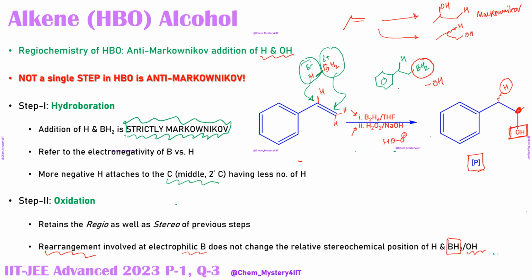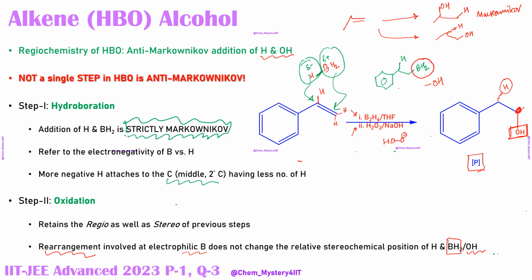Okay, so this is the hydroboration oxidation. The oxidation step requires one rearrangement, but the rearrangement does not change the stereochemistry, implying that if H and BH2 in the beginning were present in syn fashion, they remain in syn fashion. The stereochemistry of this hydroboration oxidation is syn only. So H and OH in the final products are found to be attached from the syn side only.